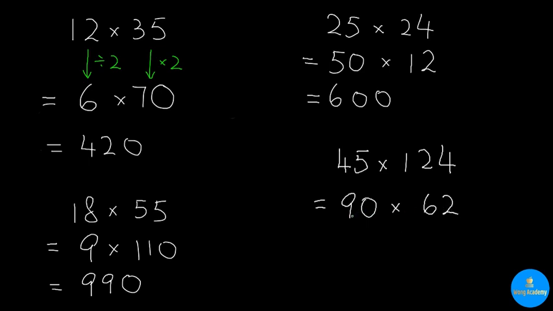This time, I have to multiply 9 with 62, which is still pretty bad. But it's a lot better than multiplying 45 with 124 directly. So 9 times 2 is 18. 9 times 6 is 54, plus the extra 1 from the carry, we'll have 55. And therefore, we have 5,580 as the final answer.